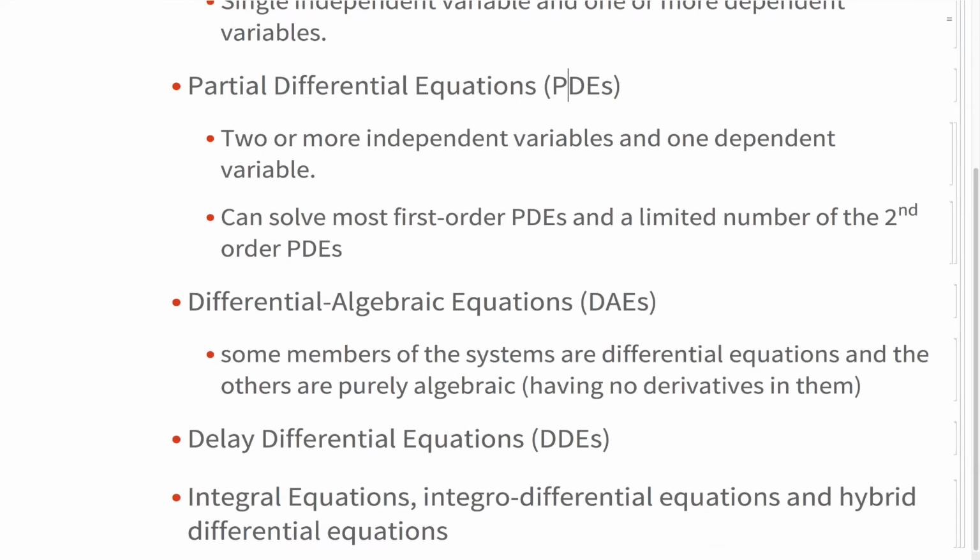Then differential algebraic equations, also commonly known as DAEs, in which some members of the system are differential equations and the others are purely algebraic, meaning they do not have any derivatives in them. As with PDEs, it is also difficult to find exact solutions to DAEs, but DSolve can solve many examples of such systems that occur in applications.